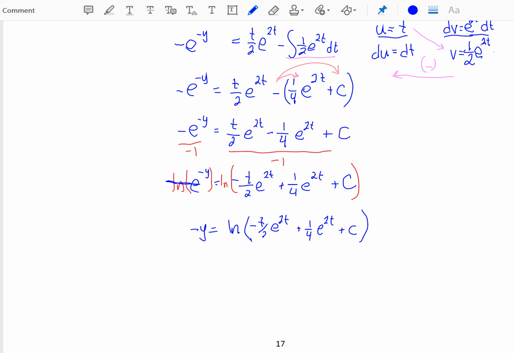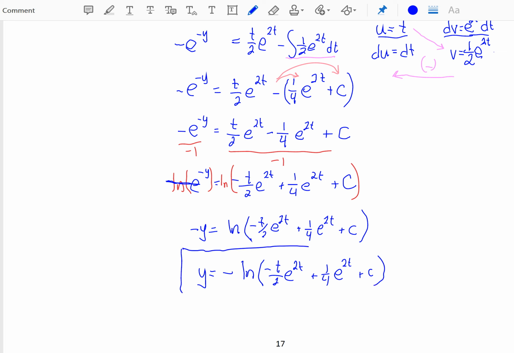And now we're just one step away. We wanted to solve for y. We still have a negative in front, so let's divide both sides by -1 and write it as y is the negative of the natural log of negative t over 2 e to the 2t plus 1/4 e to the 2t plus c.